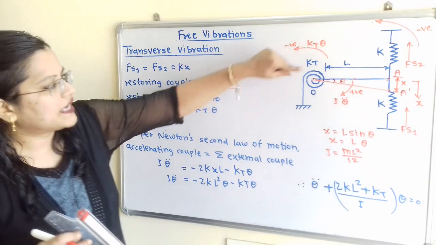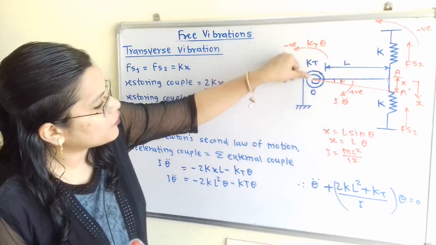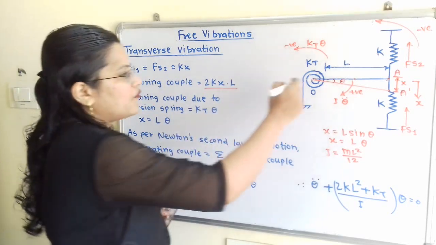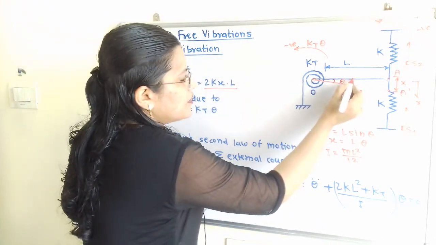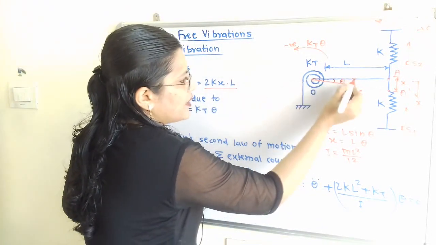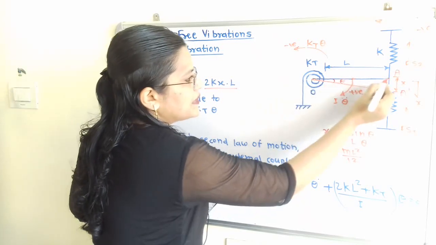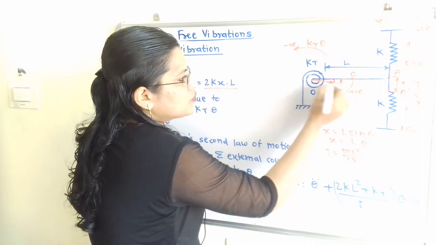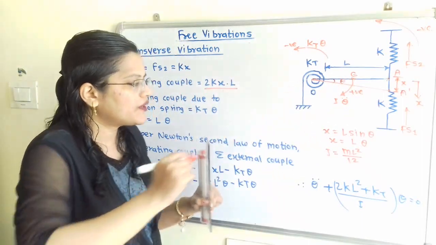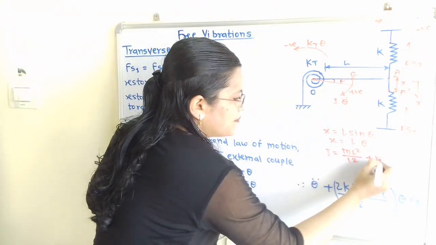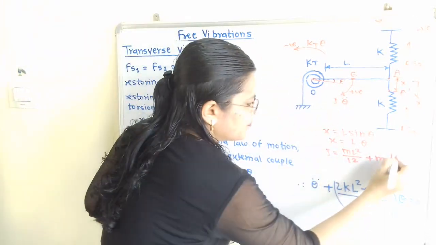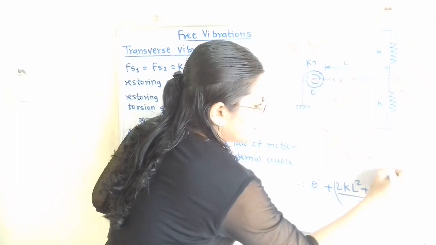But at the same time this rod is pivoted about this point O. So again we have to find out the distance from this center to this point O. The center is the middle point. So what is the distance from O to the center point G? It is L by 2. So we have to add here M multiplied by L by 2 square.